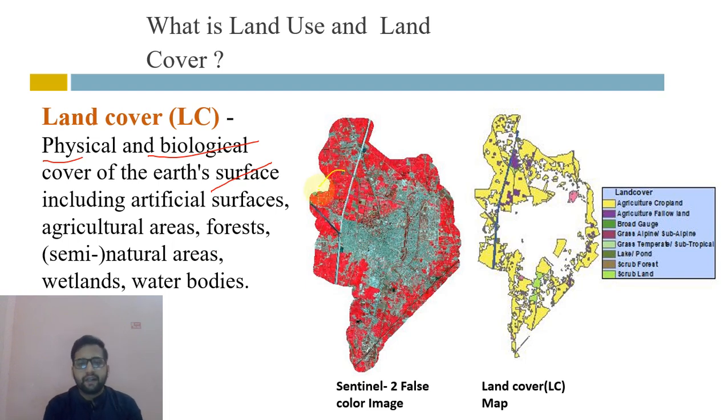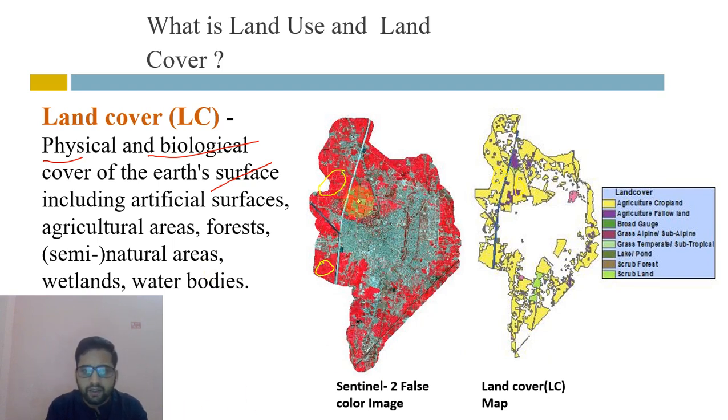The red brighter color is cropland, which in the land cover map is represented in yellow color. So yellow represents agriculture cropland. Agriculture cropland is a land cover feature of the earth surface.